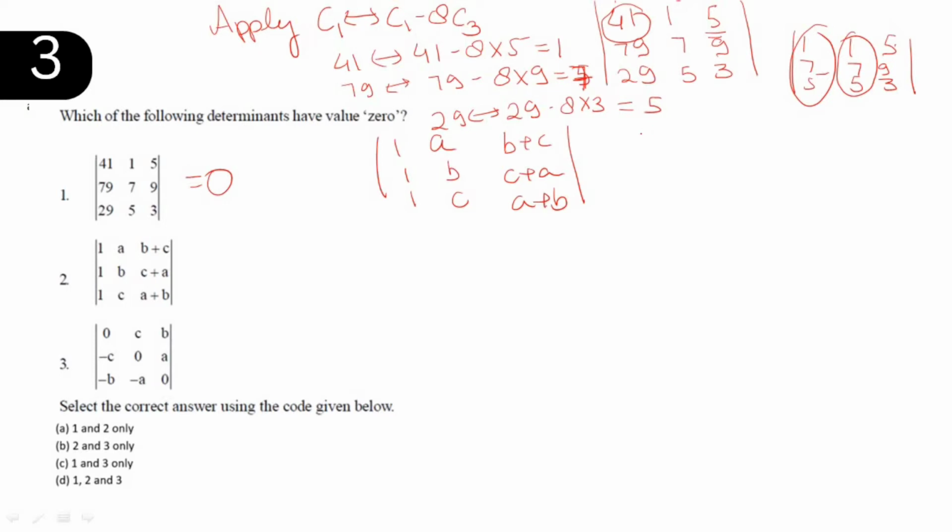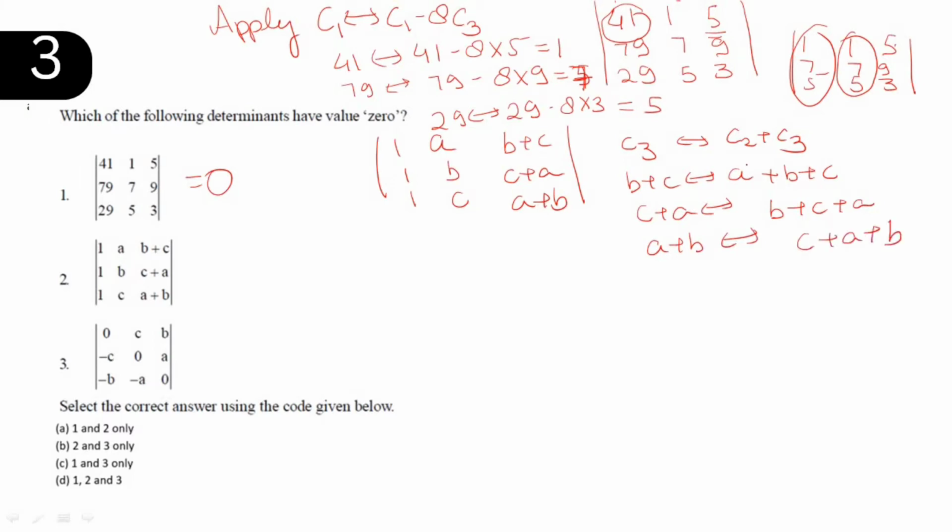We can simply convert column 3 as C2 plus C3, which means in place of B plus C, we can write A plus B plus C. In place of C plus A, we can write B plus C plus A. In place of A plus B, we can write C plus A plus B. Technically, A plus B plus C is coming in all three places.